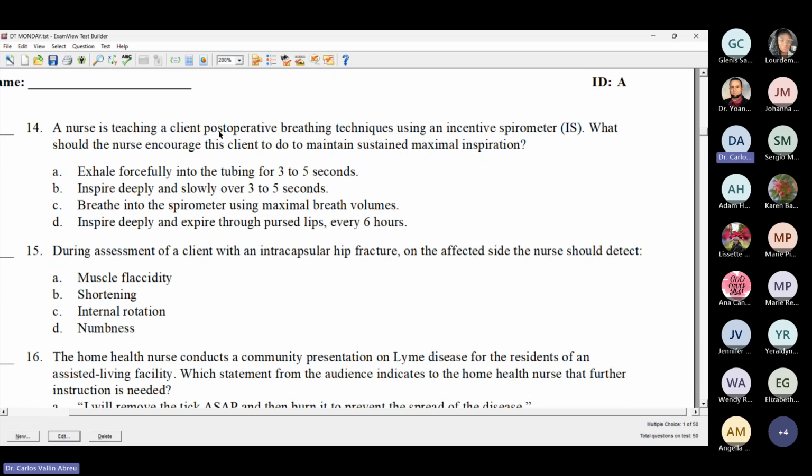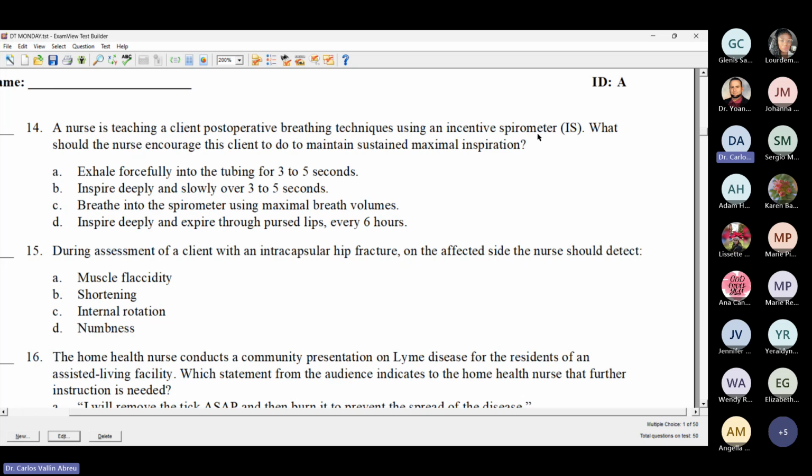A nurse is teaching a client post-operative breathing techniques using the incentive spirometer. How do we use the incentive spirometer? Remember that it's a treatment. The incentive spirometer is used as a treatment to prevent atelectasis and pneumonia, especially after surgery with general anesthesia, but it could be used with any client.